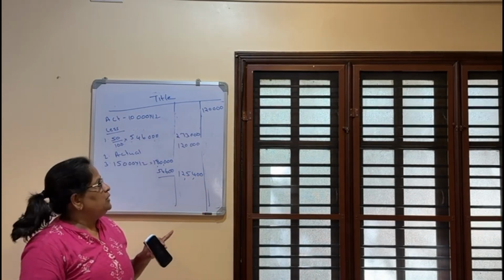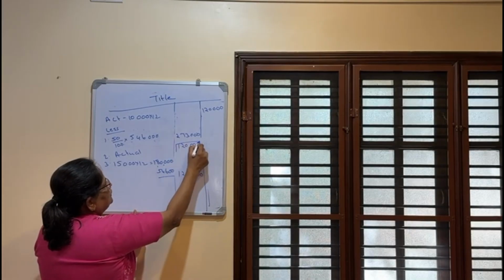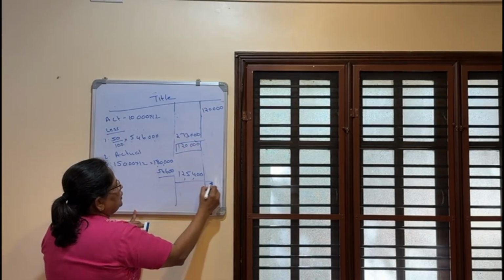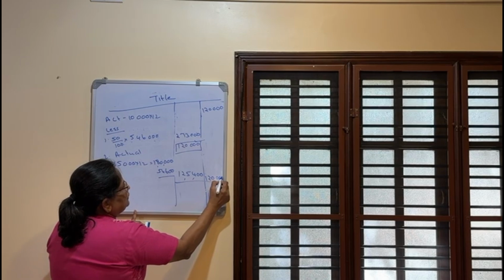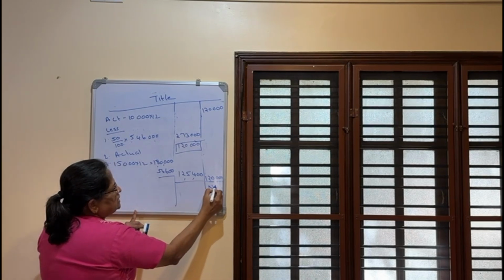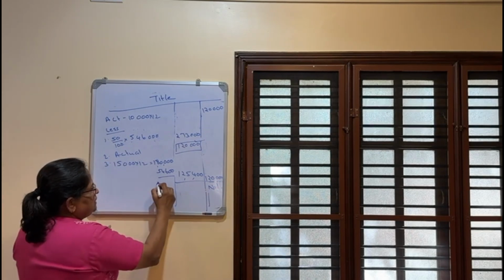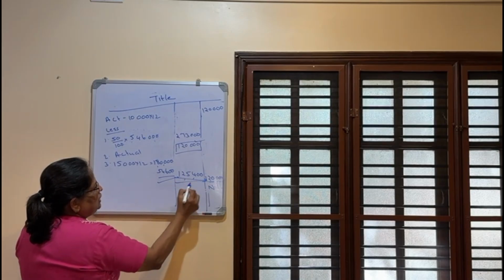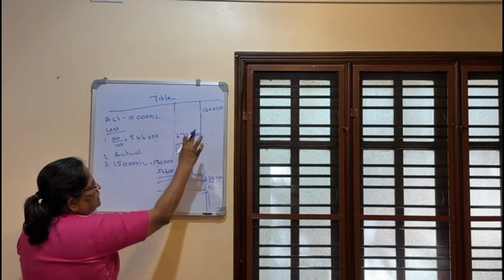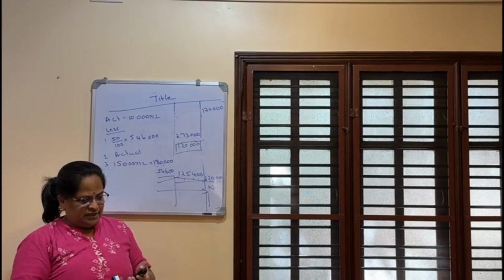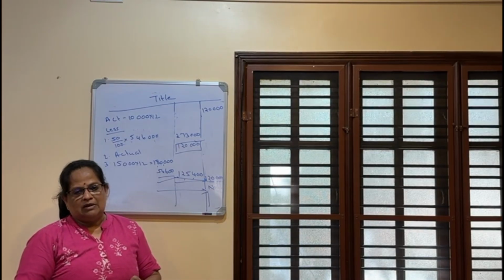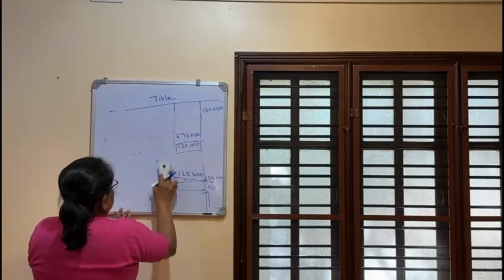Now the least value is 1,20,000. So this is the exempted value, 1,20,000. So taxable HRA is nil. This is exempted value. This is taxable: actual minus exempted, 0. Now we have to calculate the gross salary.